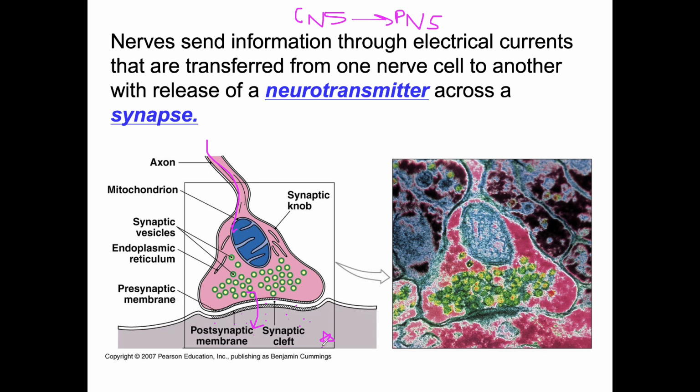I don't need you to know more about this just yet. I just want you to know that wherever a neuron interacts with an effector, it's called a synapse, and it releases chemicals called neurotransmitters. Neuro because it comes out of a neuron. Transmitter, it is a type of chemical that is sent on the effector cell.